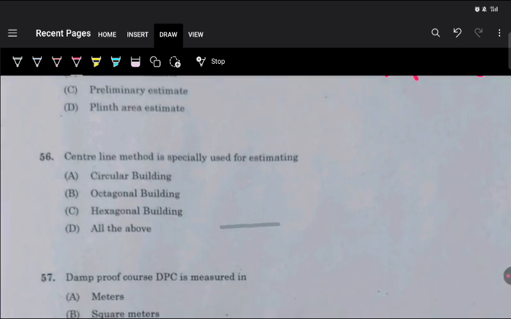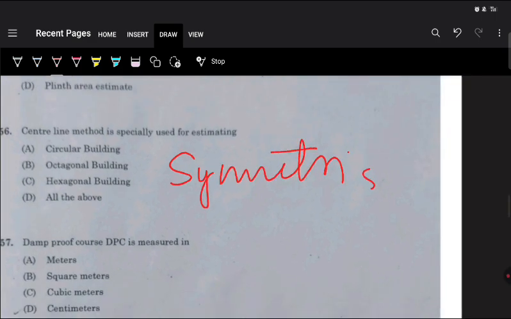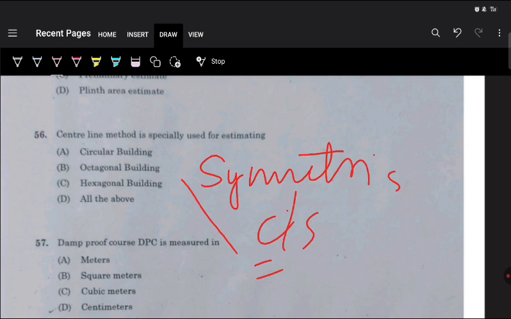Now the central line method is specially used for estimating what? Symmetrical buildings, right? Symmetrical cross section. If the building has symmetrical cross section or symmetrical walls, then we apply the central line method, because it is an easier method.